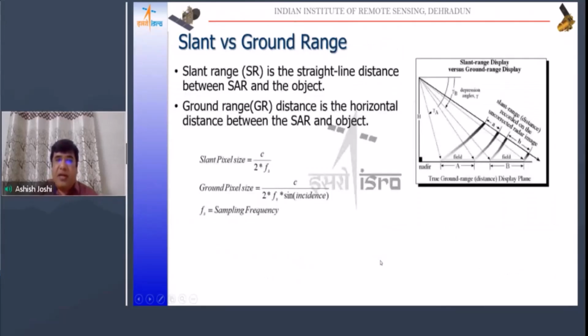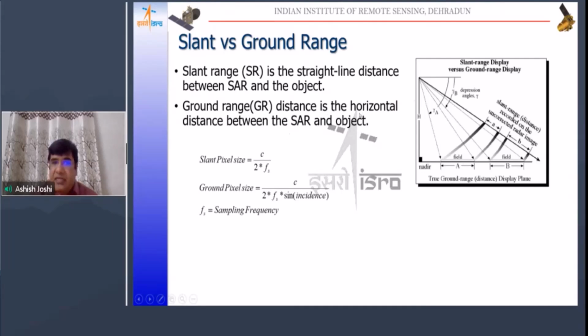Now the slant range is not geometrically corrected, so we have to project the slant range to the ground range. Slant range is the straight line distance between SAR and the object. This plane is called the slant plane, and this is called the ground range.